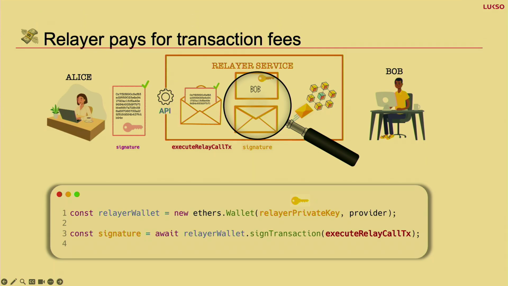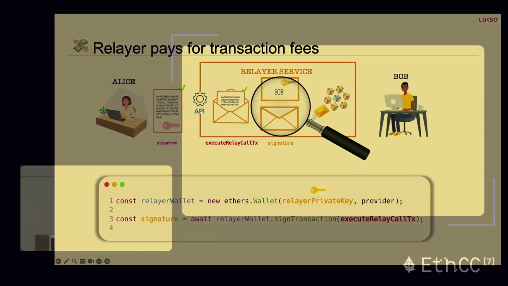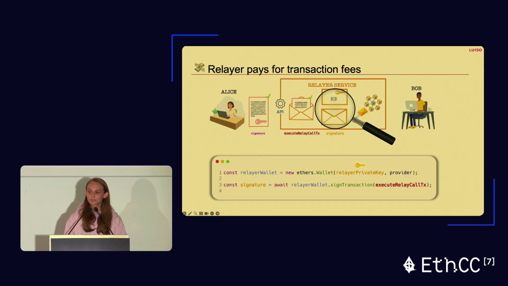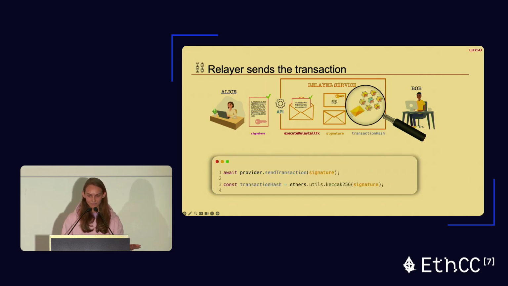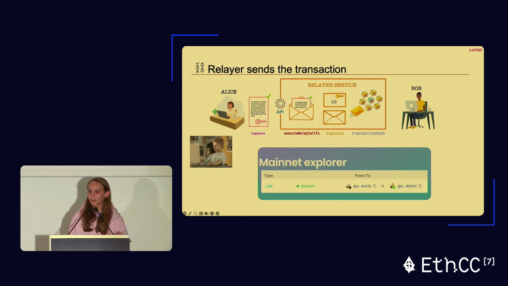For this, it will create a wallet with its own private key, which has funds, and it will sign the execute relay call transaction with this wallet. This will output a signature that it can then send very easily to the blockchain. Additionally, by hashing this signature, it can directly get the transaction hash and return it to Alice, who can inspect on a blockchain explorer if her transaction was successful or not.